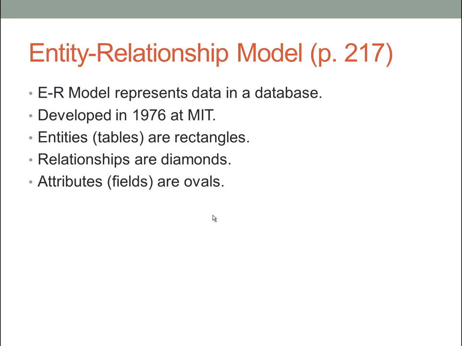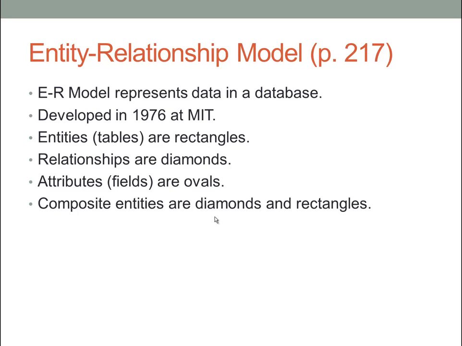There are going to be some that are composite entities. There's a picture of that in figure 6.39, top of page 220. There's the orders and the parts with that order line table. Now remember what the author used previously, a rectangle with rounded corners. Now you're doing the rectangle with the diamond inside to let us know that it is a composite entity.